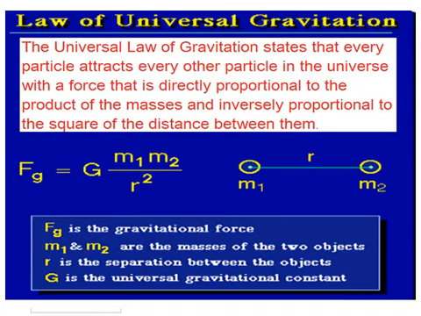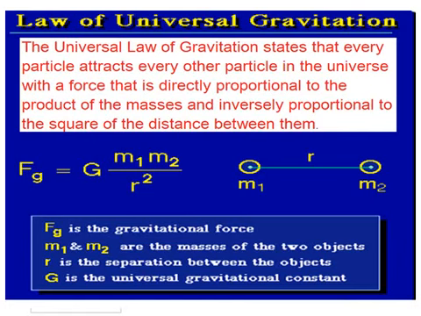The Universal Law of Gravitation states that every object or every particle attracts every other object or particle in the universe with a force that is directly proportional to the product of their masses and inversely proportional to the square of the distance between them. So this law gives the explanation and how to calculate the gravitational force.